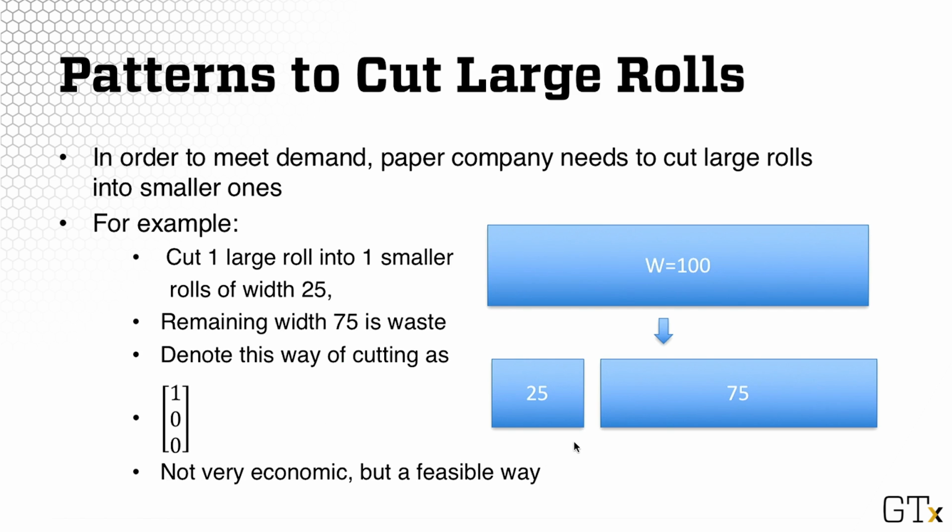Well, it is not a very economic way, but it is a feasible way to cut a large roll into smaller ones and satisfy demand. So any pattern that is feasible for cutting 100 width is allowed. What is not feasible? If you cut 5 copies of 25, that is 125, which is not going to be a feasible pattern. So we are not going to consider those infeasible ways to cut the large roll. All of the feasible patterns are allowed.